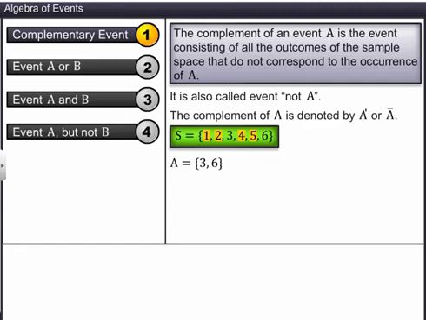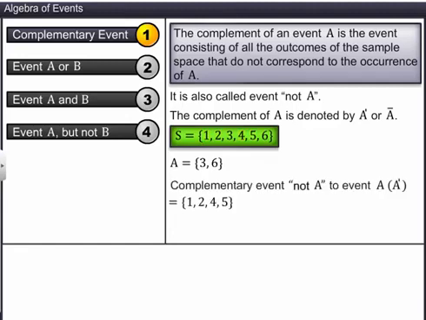Thus, the complementary event not A to event A, or A complement, is {1, 2, 4, 5}. In general, complementary event not A can be written as {a such that a belongs to S and a does not belong to A}.